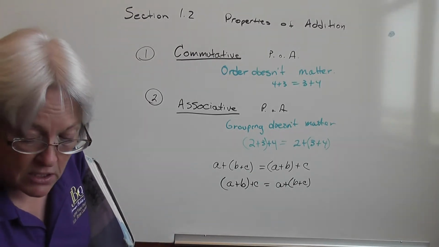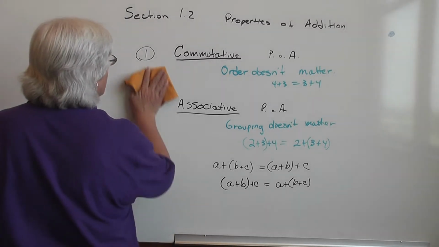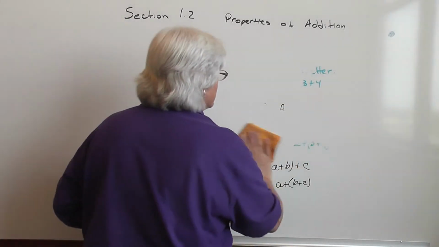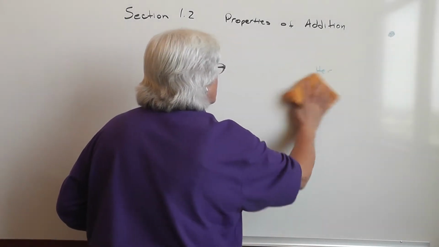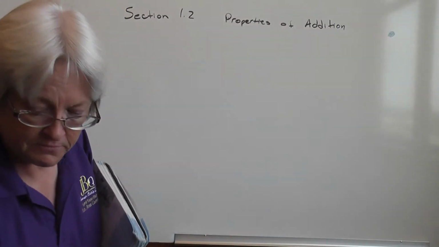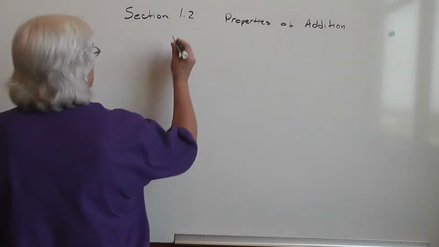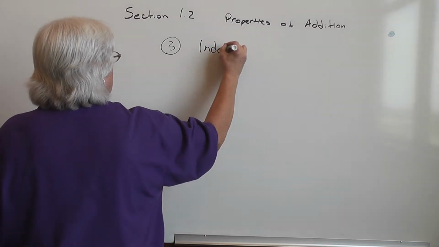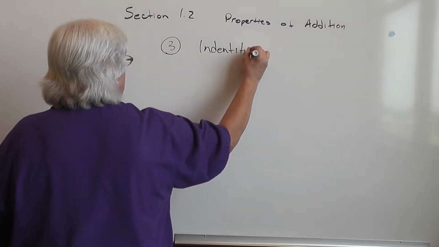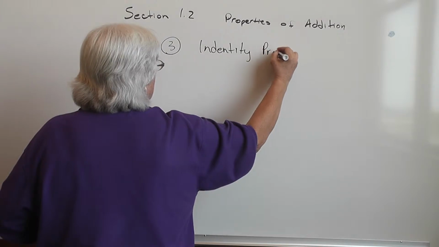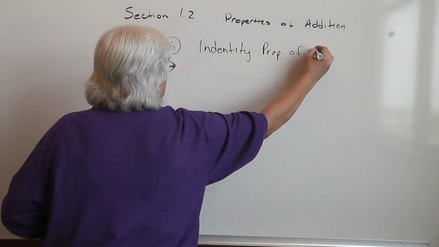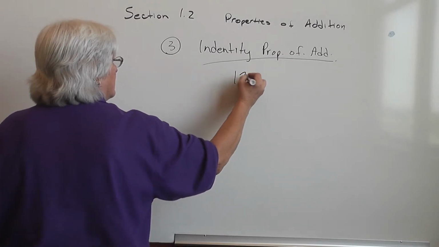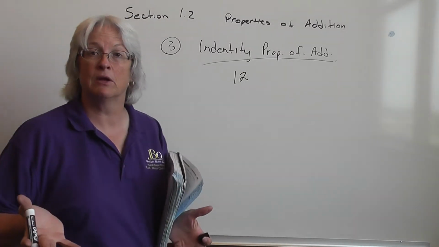And the last property that we want to talk about today, the third one, is the identity property of addition. Now let's think. If I have a certain number of cookies, and I want to add a number to that so that I have the same number at the end.